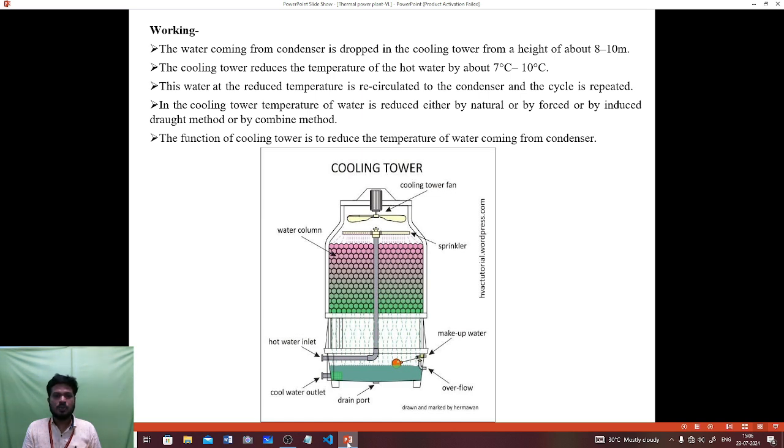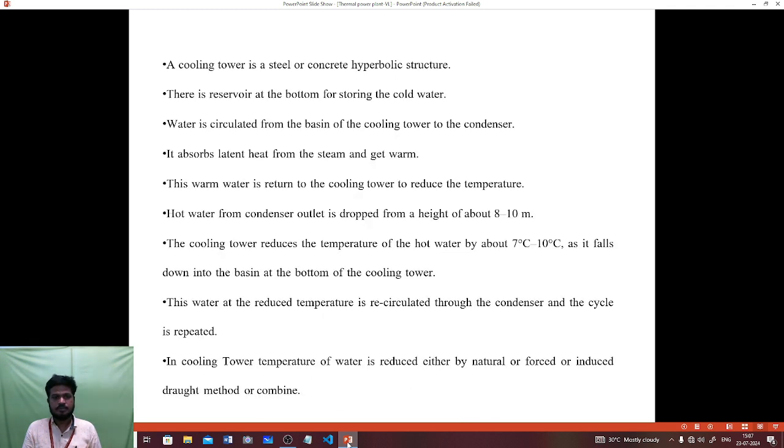In this diagram, the large cooling tower fan is mounted on the top side, and water columns are formed in the cooling tower. Water is sprinkled from the hot water inlet by means of a sprinkler, and then the cold water is drained by the cold water outlet.